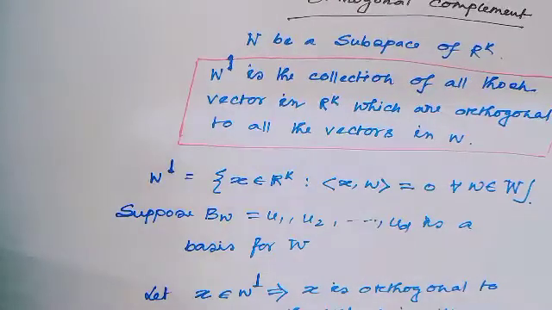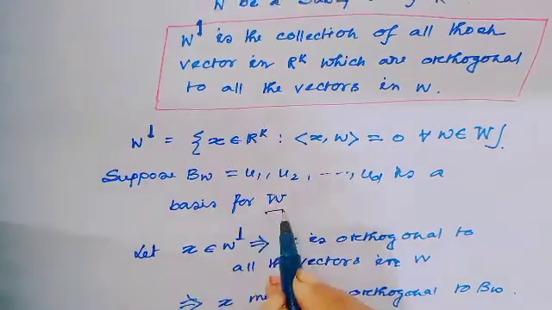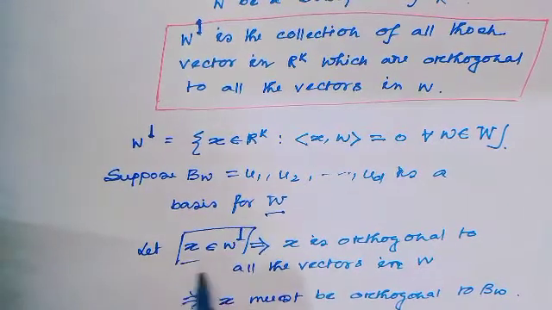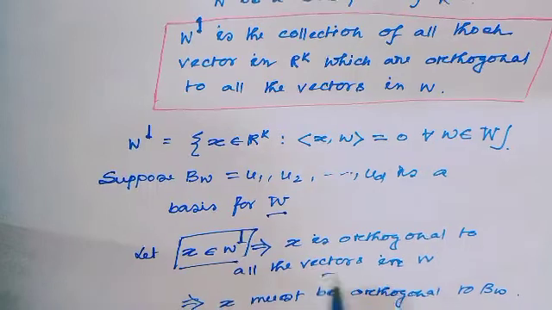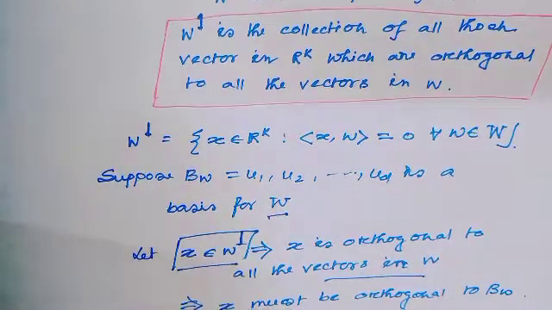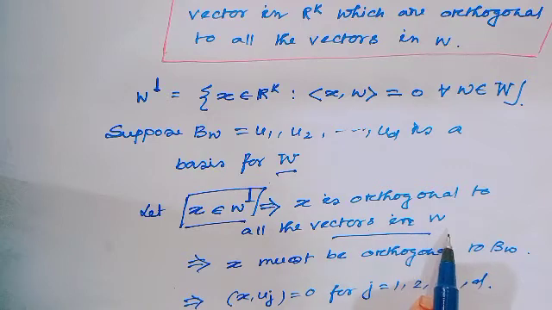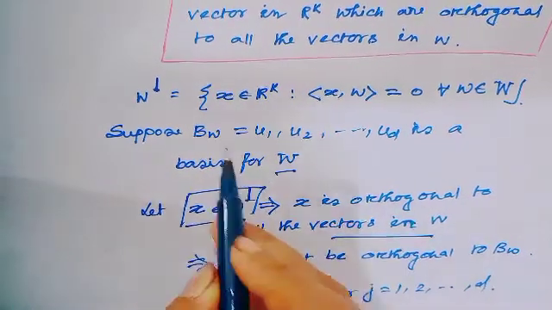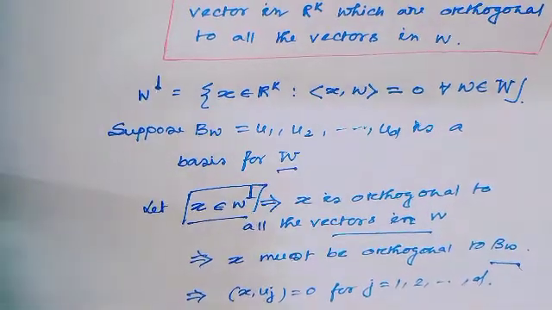Now consider u1, u2, up to ud as a basis of W. Then x belongs to W perp implies x is orthogonal to all vectors in W, and obviously x is orthogonal to these basis vectors.